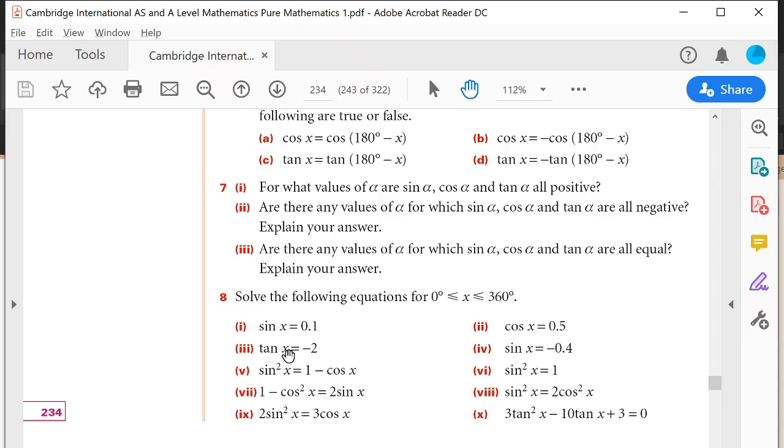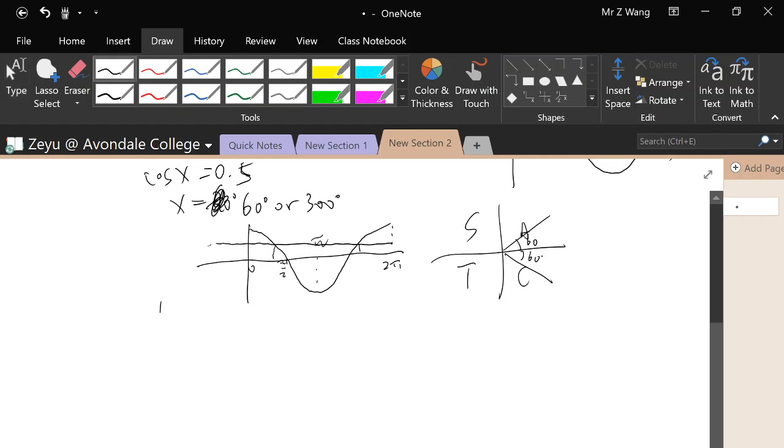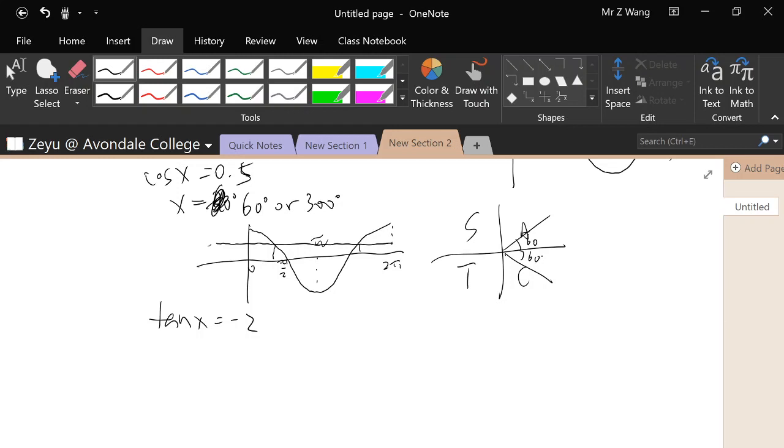The next question, tangent x equals negative 2. That's the same thing. This one you have to press the calculator. Tangent inverse of negative 2 is negative 63.43.